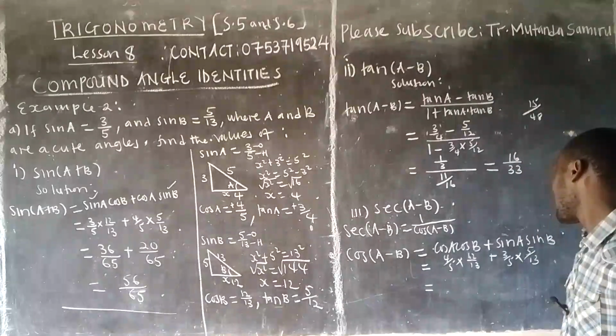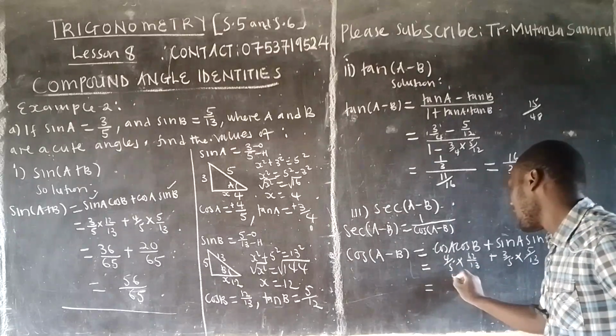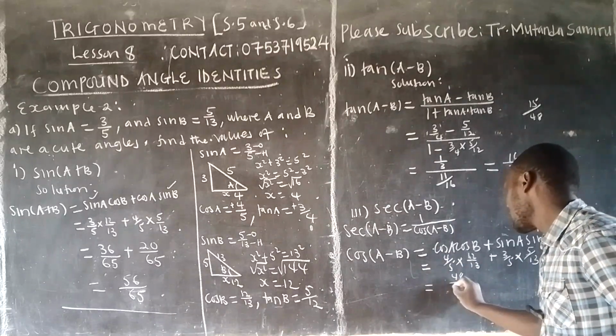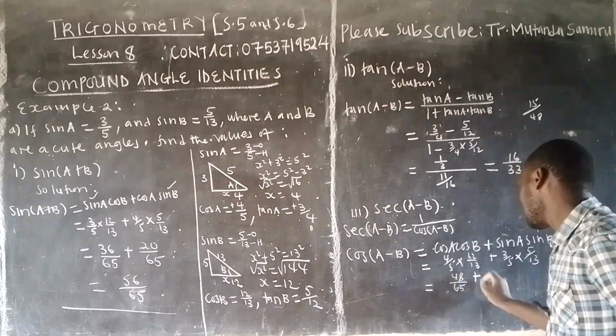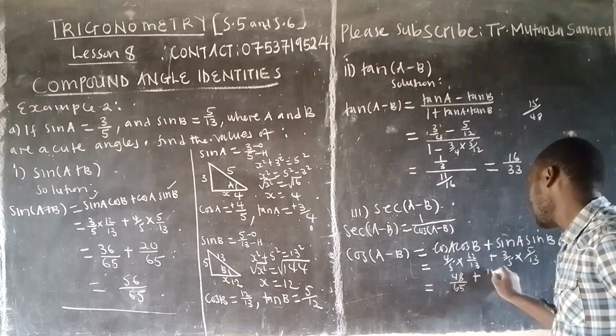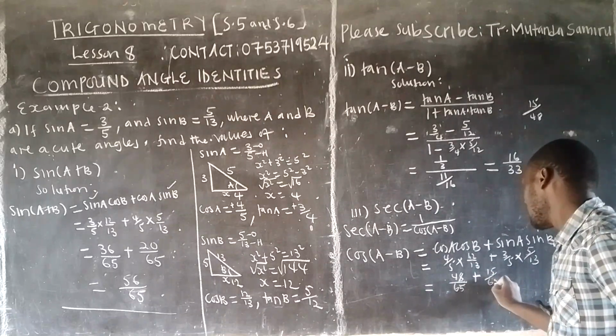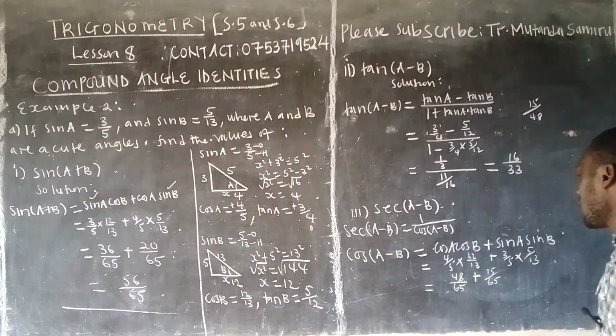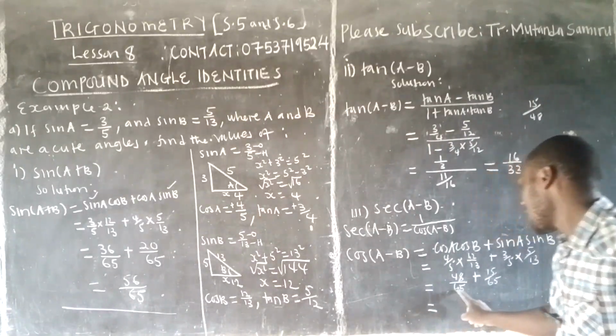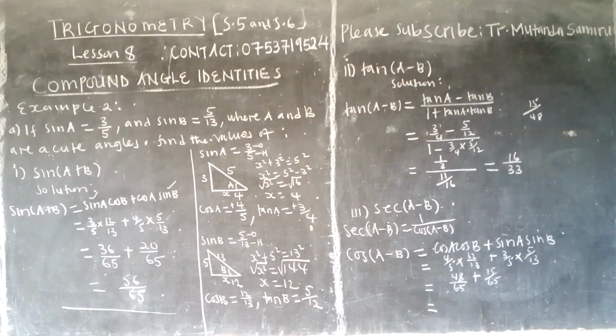This will now be 48 over 65 plus 15 over 65. What will be your final answer here when you add? They have the same denominators, so you can add just the numerators and everything will be okay.